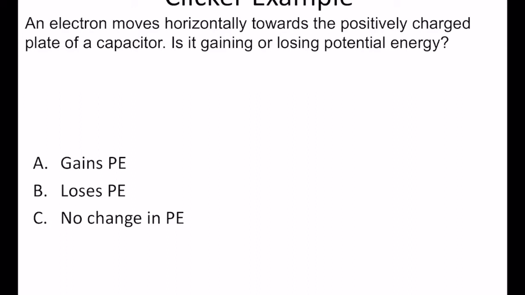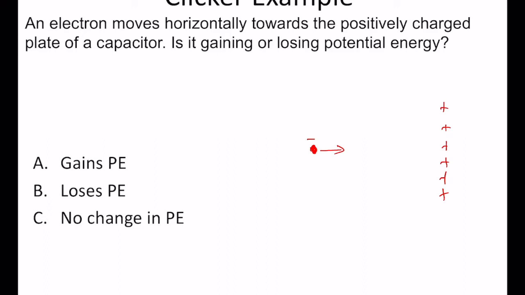So what's happening here is that you've got a charged particle, an electron, a negatively charged particle, and it's moving towards some positive charges. We've got a bunch of positive charges here, so there's a force of attraction, and the electron is moving in the direction of the positive charges. So the question is, is it gaining or losing potential energy?